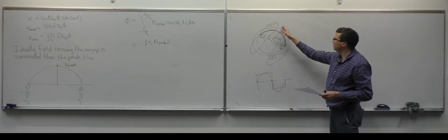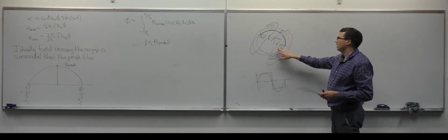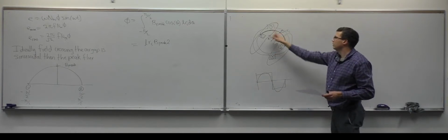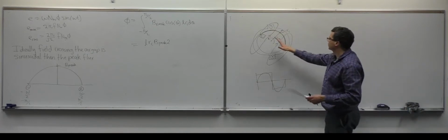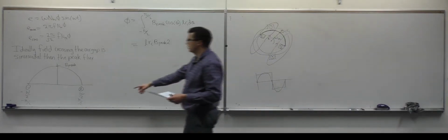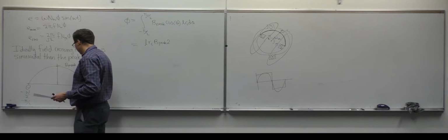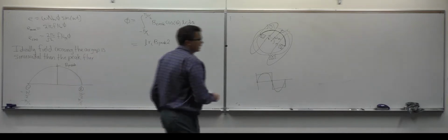The stator could be less than 180 degrees relative to the rotor being 180 degrees. In that case, the amount of flux crossing from the rotor to the stator won't be from minus pi over 2 to pi over 2. It will be a bit less than that. So we can calculate that.